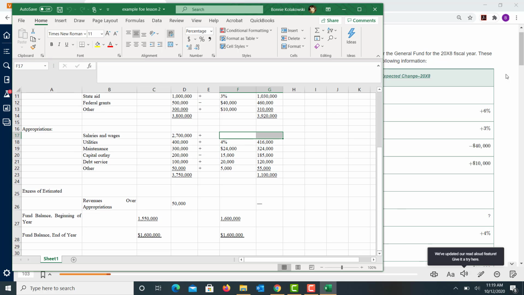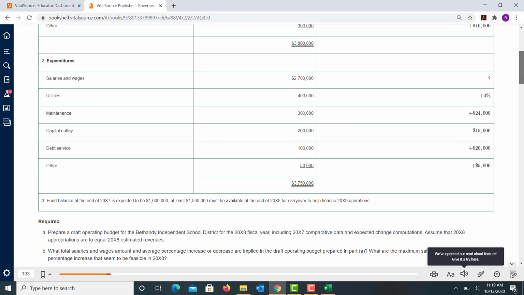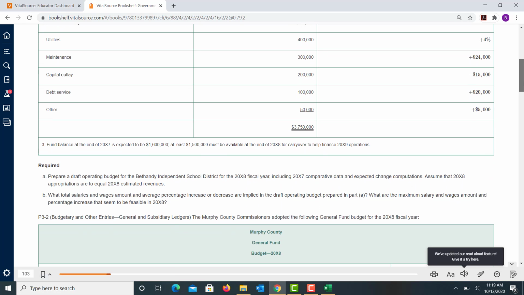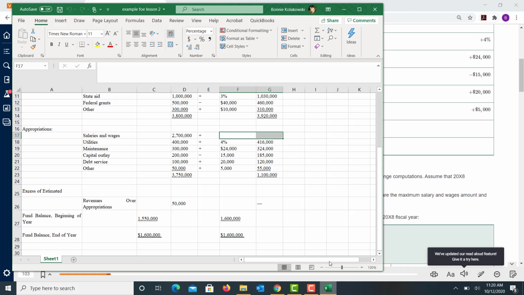So one of the key things that I want to point out in this particular problem is it says on number 3 here that the fund balance at the end of 2017 is expected to be 1.6 million. At least 1.5 million must be available at the end of 2018 to carry over to help finance the 2019 operations.